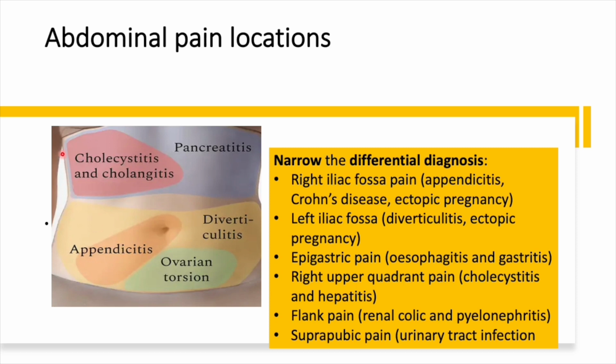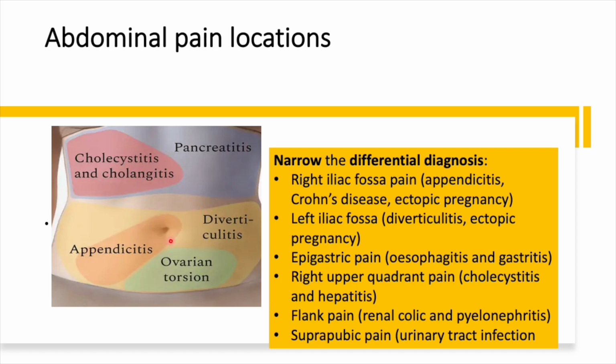When you get a right upper quadrant pain, first you think about cholecystitis, cholangitis or any hepatic problem. The epigastrium, or this region, that is the right and left upper quadrant, this can be pancreatitis also.